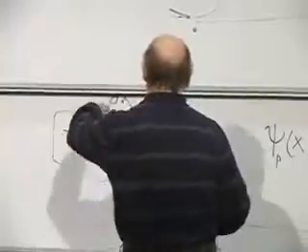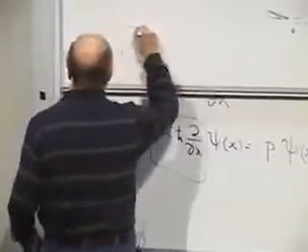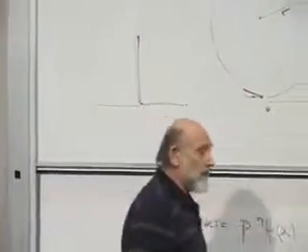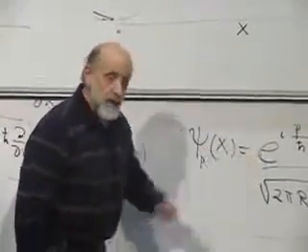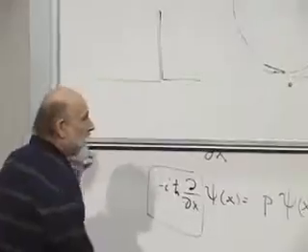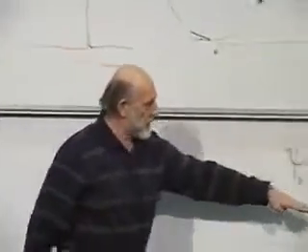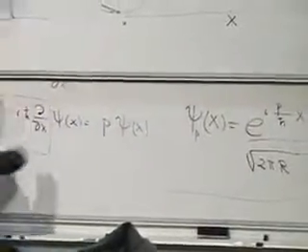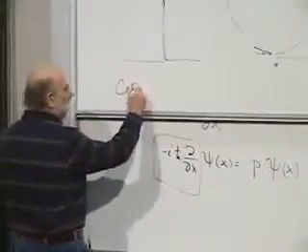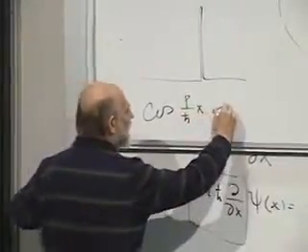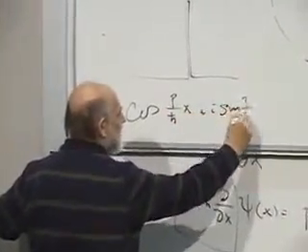The eigenstates of position are these tall, narrow functions that look like that. What about the eigenstates of momentum? They have the form e to the ipx over h bar, which means cosine of p x over h bar plus i sine of p x over h bar.